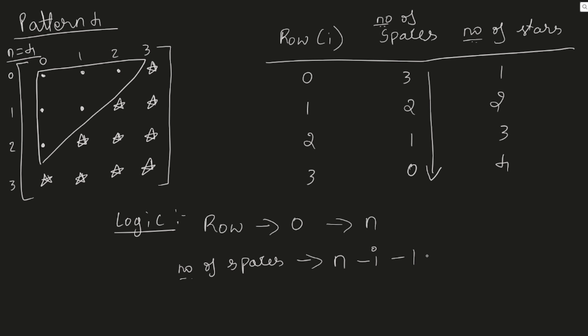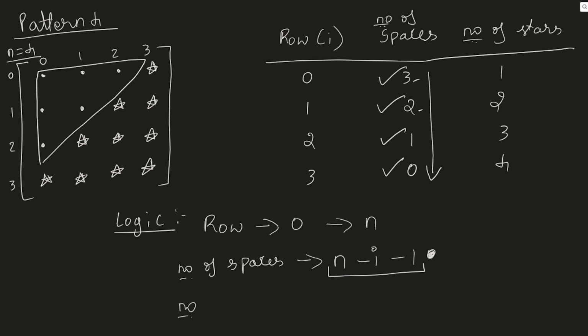Let us check if this logic holds good for every number. We have 3 here. I is 0, n is 4, 4 minus 0 is 4, 4 minus 1 is 3. Yes, this holds good. 4 minus 1 is 3, 3 minus 1 is 2. 4 minus 2 is 2, 2 minus 1 is 1. 4 minus 3 is 1, 1 minus 1 is 0. Yes, this formula holds good for every number of spaces.